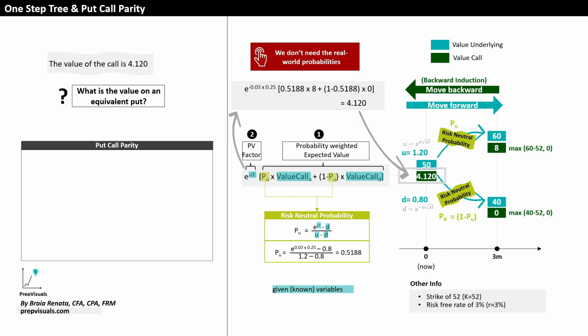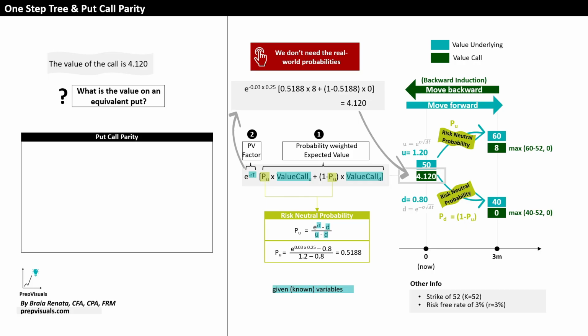And this is where the put-call parity comes into play, which is defined through this expression over here. And basically, what I want you to see in this relation is that if we know the value of the call along with some basic inputs about that call, we can basically compute the value of an equivalent put.